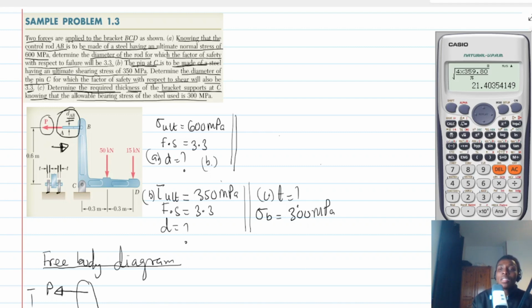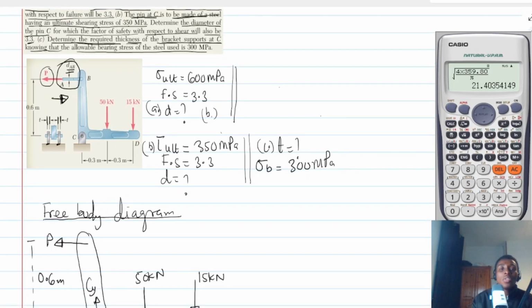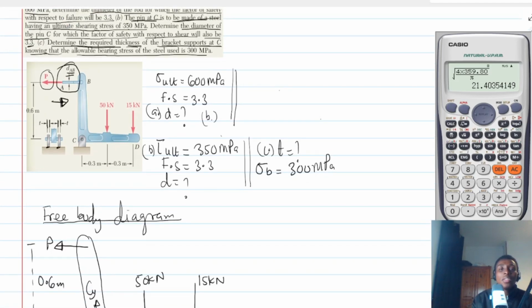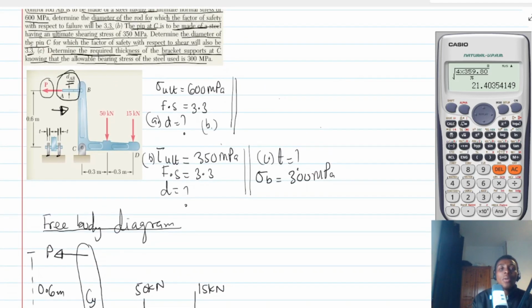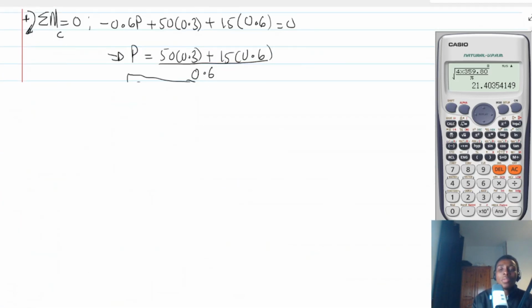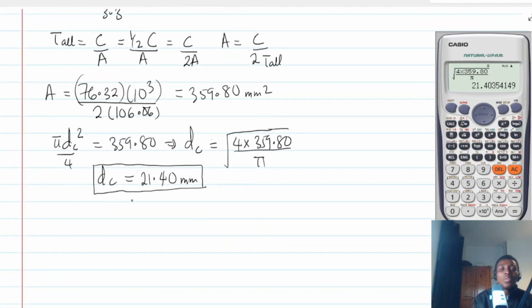And how can I get the thickness? I can use the bearing stress to find the thickness. The bearing stress is what? 300 megapascal. Okay, so now the bearing stress is given by the load divided by the thickness times the diameter.